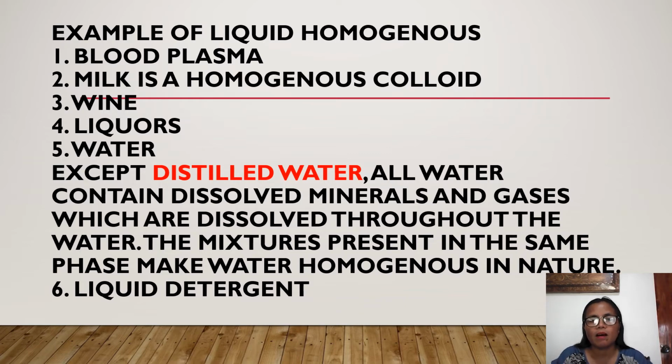Because the mixture present in that water makes it homogeneous, since it contains dissolved minerals and gases throughout the water. And the last example that I have here is the liquid detergent that I showed you earlier.